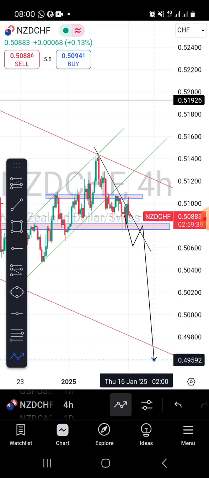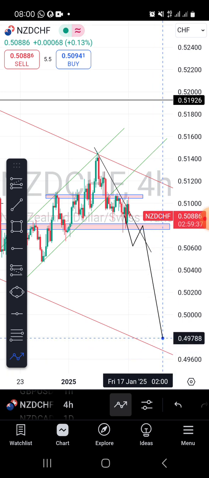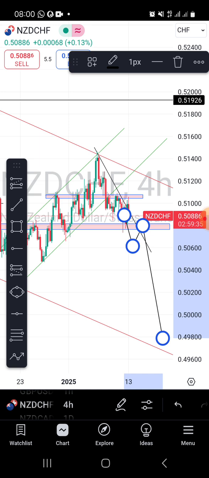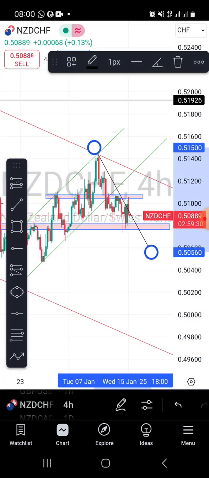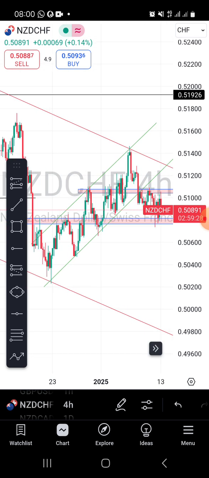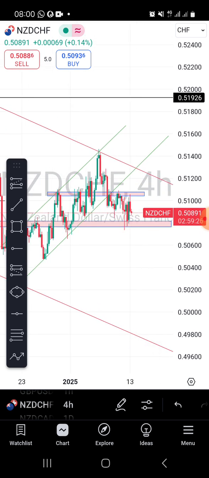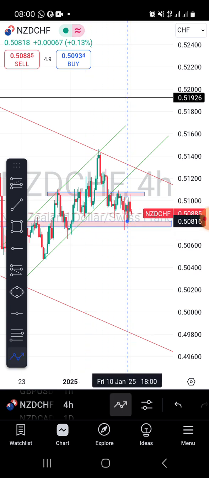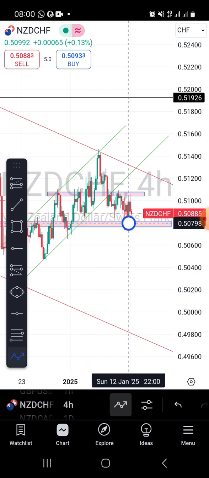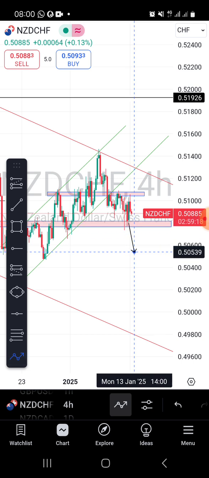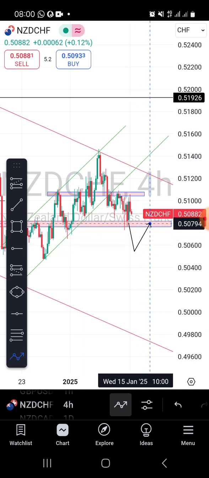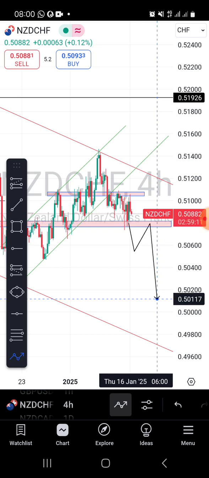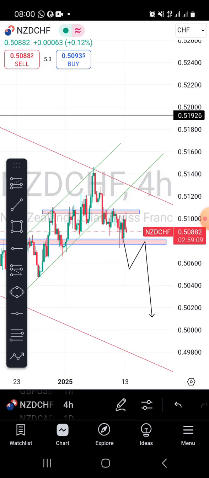But let's wait for what the market has for us. Again, I'll repeat: if price breaks through this support level down to this level, then goes for a retest here, then we take a shot.